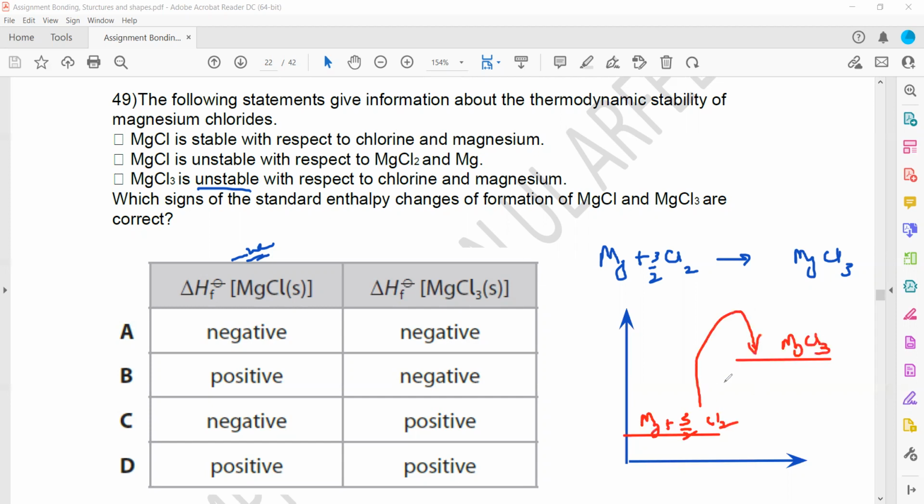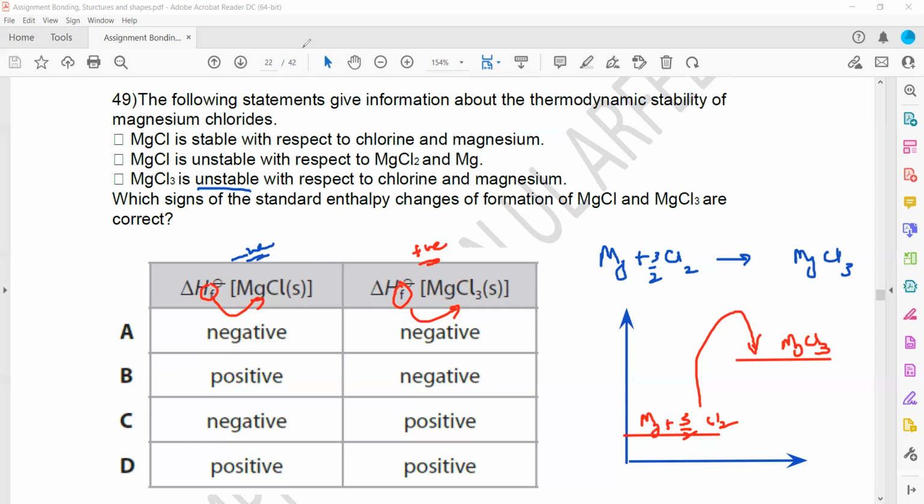So reactants have low energy and the product is having high energy. So what kind of reaction is this? This is an endothermic reaction. So for an endothermic reaction, the enthalpy change should be positive, because it is written formation of MgCl3, and the other was formation of MgCl2. Formation of magnesium chloride means when magnesium chloride is formed from magnesium and chlorine, and MgCl3 means when magnesium and chlorine react to form MgCl3.